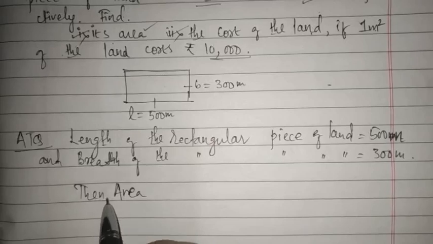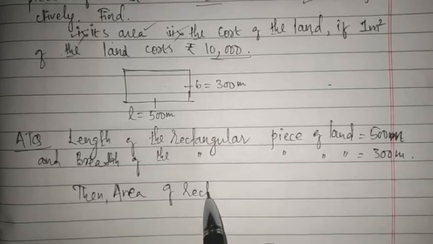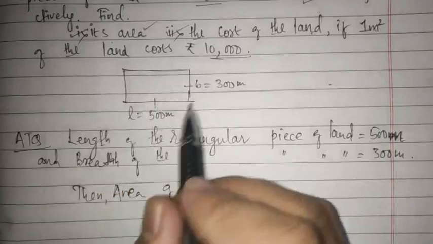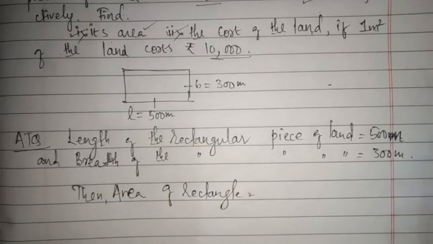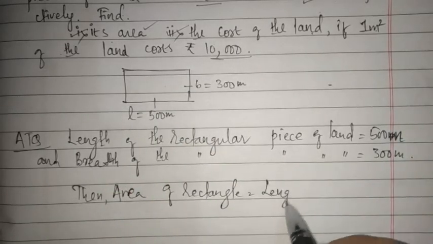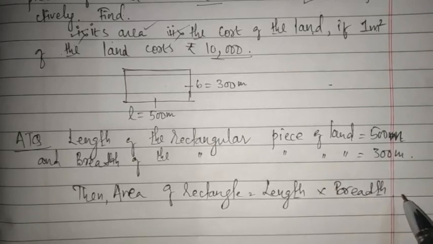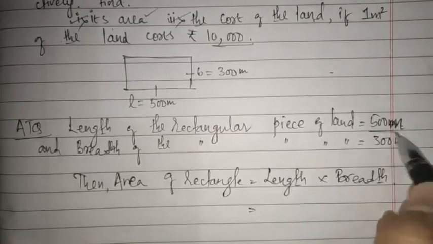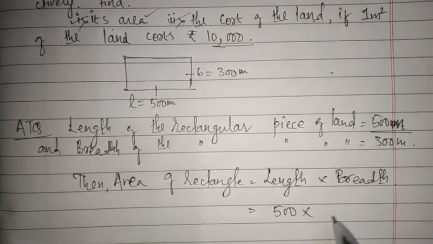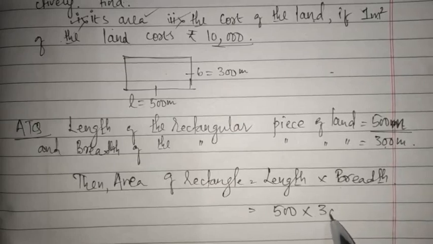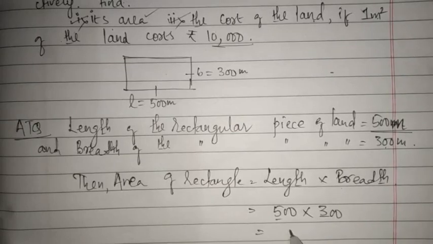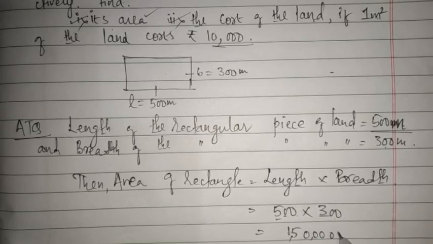To find the area, we have a formula. Whenever a rectangle is given and you have to find the area, you use the formula length into breadth, B-R-E-A-D-T-H. What is the value of the length? It is 500. What is the value of the breadth? It is 300. Multiply this: 5 threes are 15, and how many zeros? 1, 2, 3, 4. So it is 1,50,000 meter square.